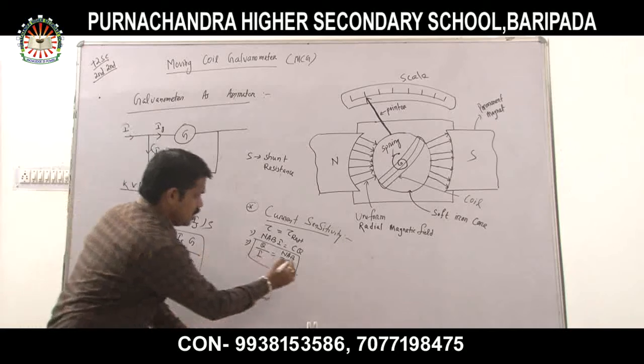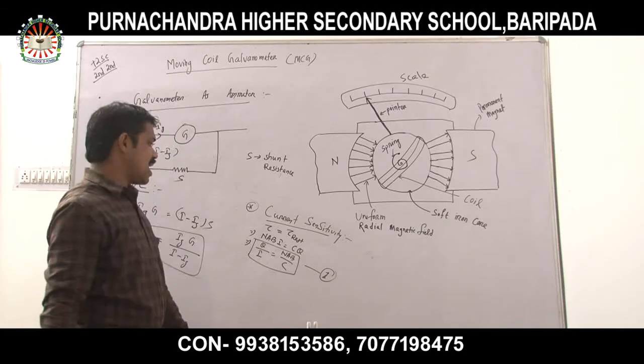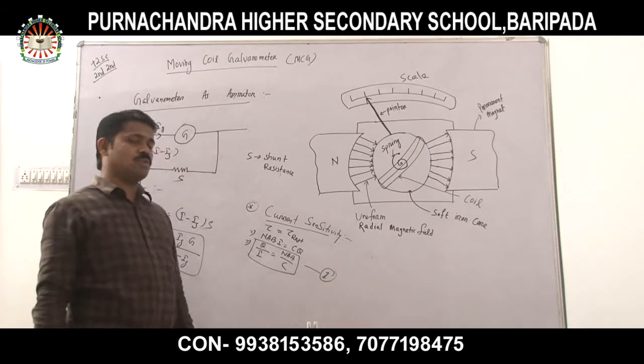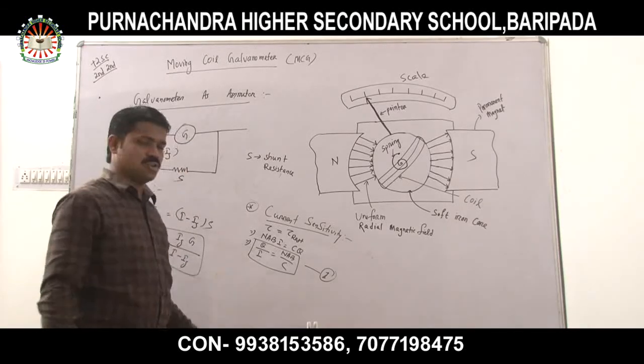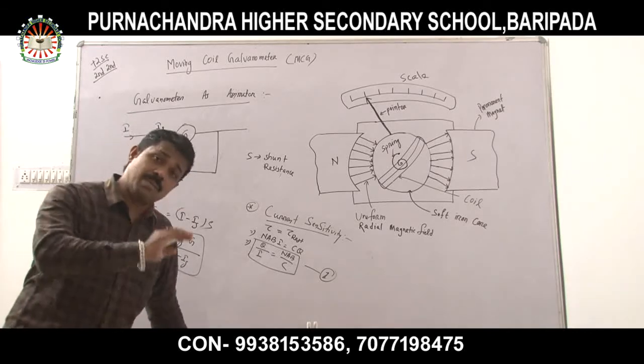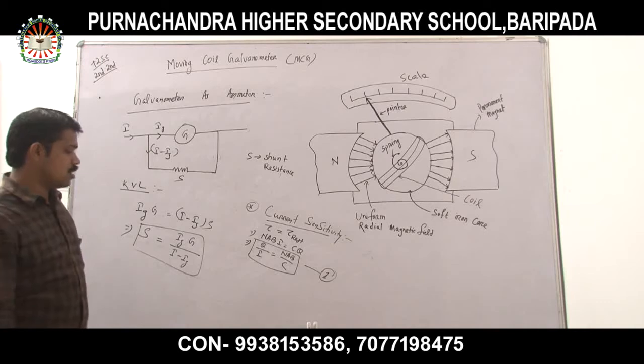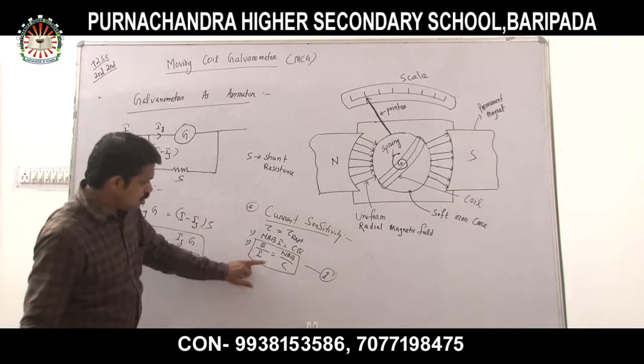This is the expression. Suppose I name it equation number 1, so let us take equation number 1. This equation number 1 is nothing but the expression of the current sensitivity of a galvanometer when the galvanometer is used as an ammeter. Clear all of you? Now look very carefully.